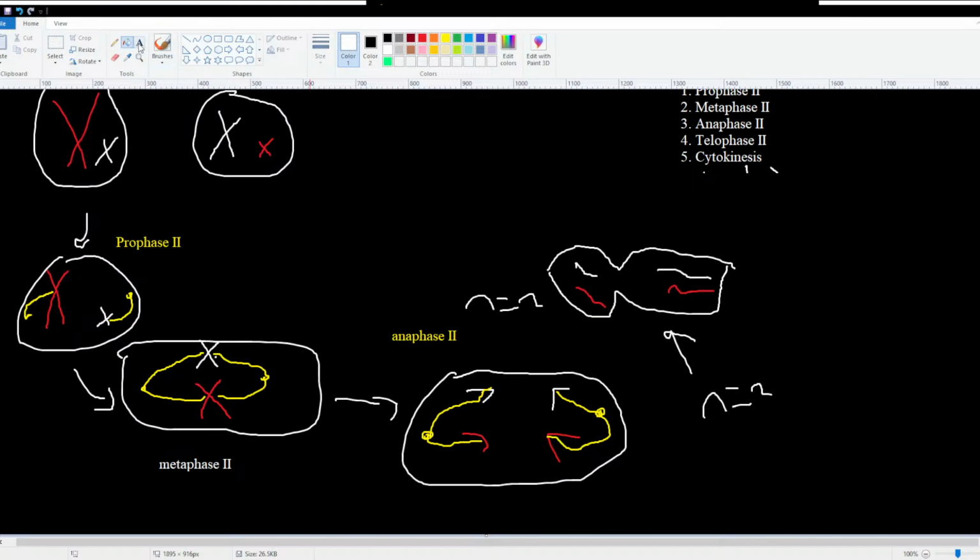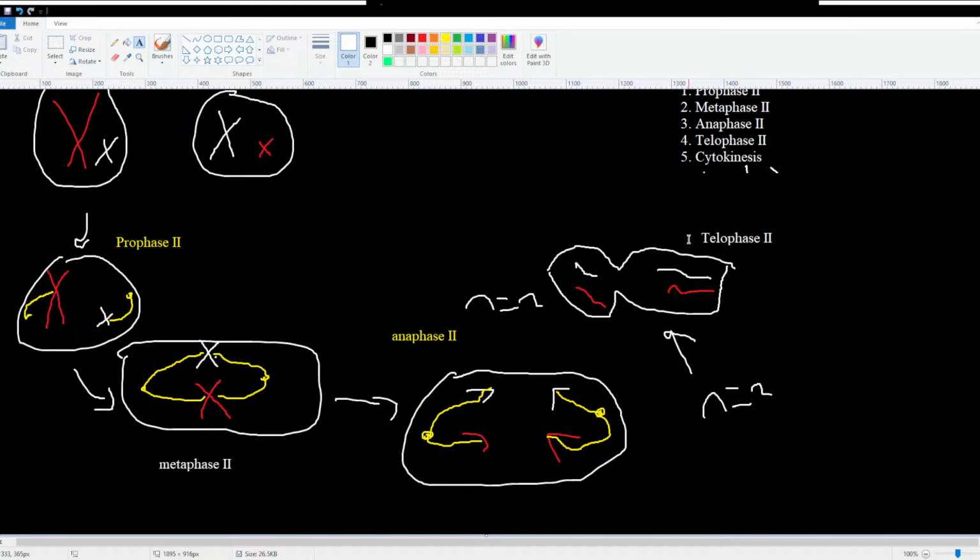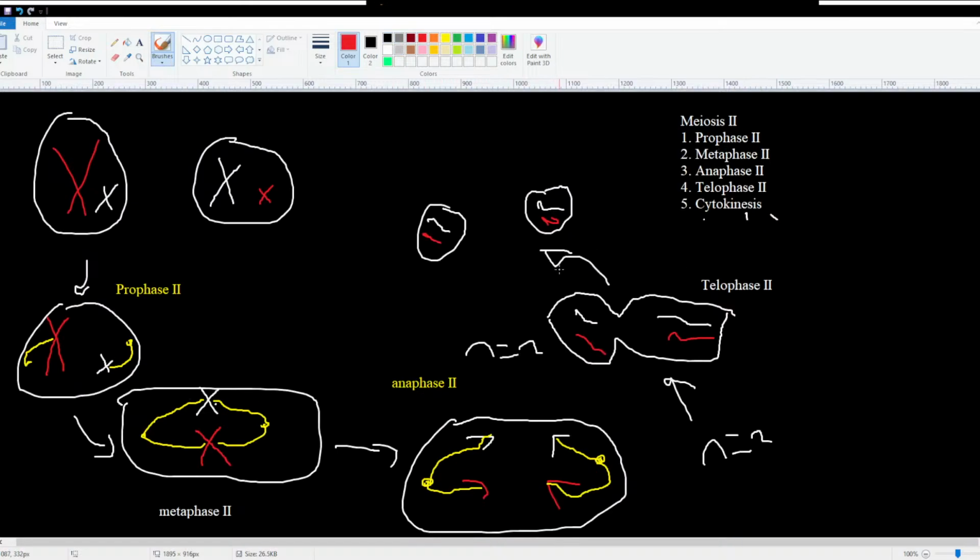So that's telophase 2. It's happening exactly how you'd expect because it's very similar to regular telophase during mitosis. Now these are going to split apart and make 2 daughter cells. And we're actually going to make a total of 4, because this cell is going to split apart as well.